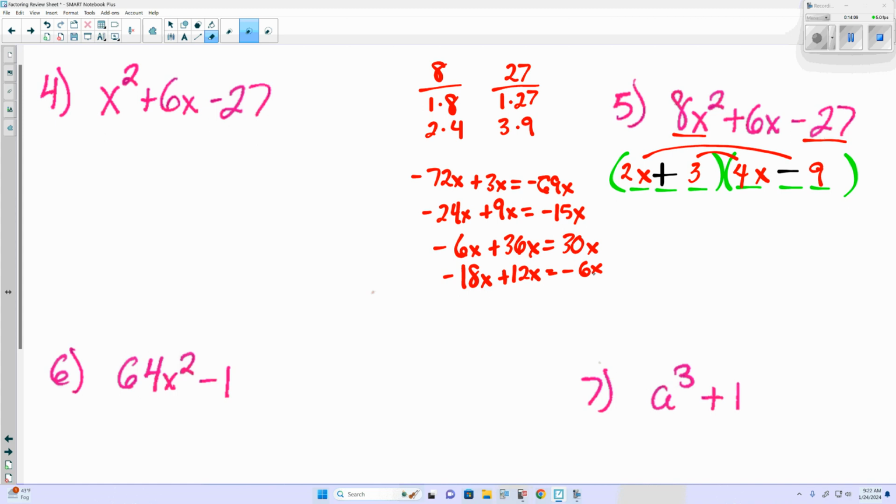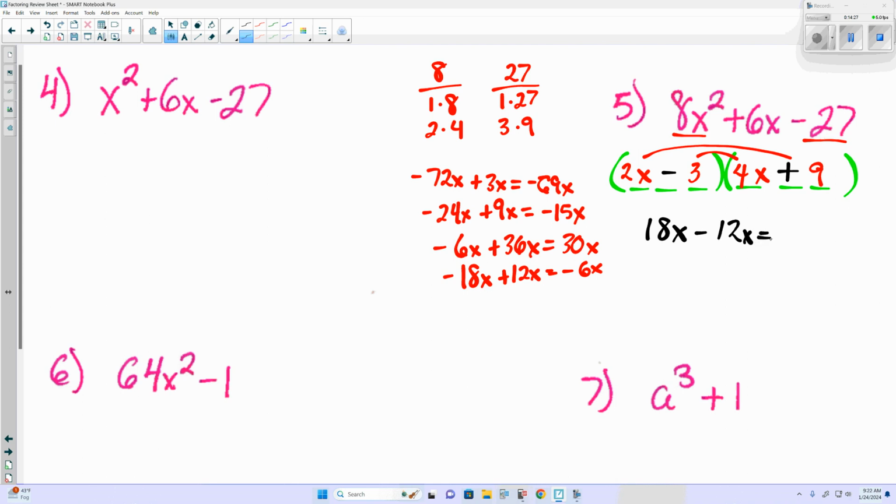Flip the signs. We got the correct number, but wrong sign. Anytime we get that, we're going to flip the signs. If you get the correct number, but wrong signs, just change the signs, because now we'll have 2x times 9 is positive 18x.